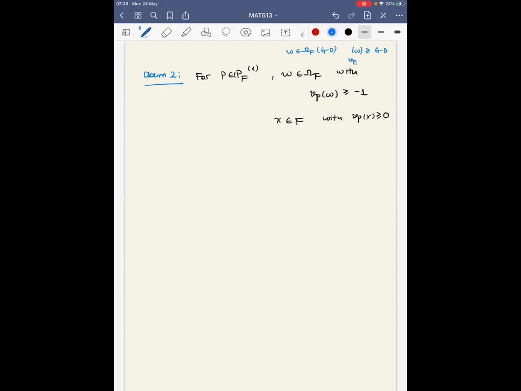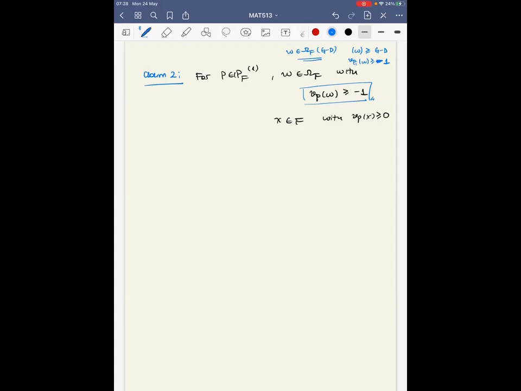So the Pi's are rational places in this case, and the valuation of omega is bigger than or equal to minus 1. So that means the Weil differentials here satisfy this inequality.